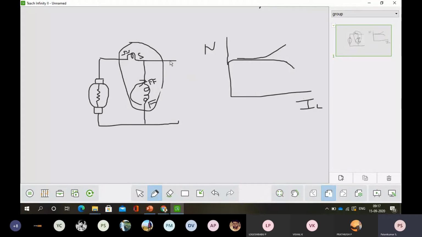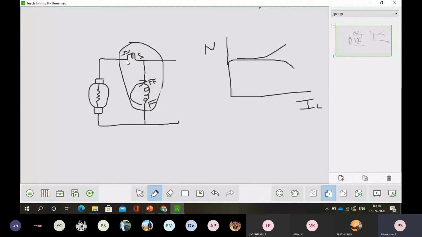Because of that, when the load keeps on increasing, the series field gets more strength, which tends to increase the speed. The parallel field has a fixed current, because it is connected to a parallel voltage and draws a fixed current only. But armature current keeps on increasing when the load increases. So the difference between these fields is what shows in the performance of the motor. That is why it is called differentially compounded.